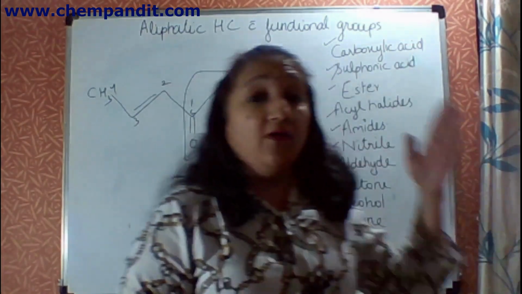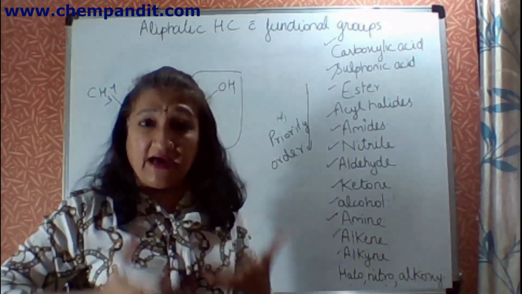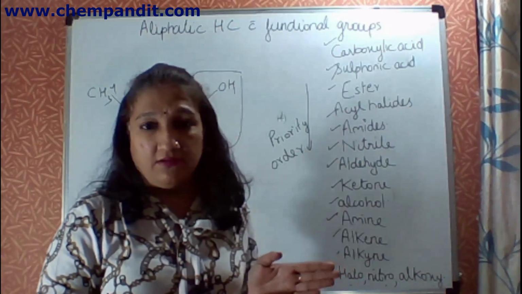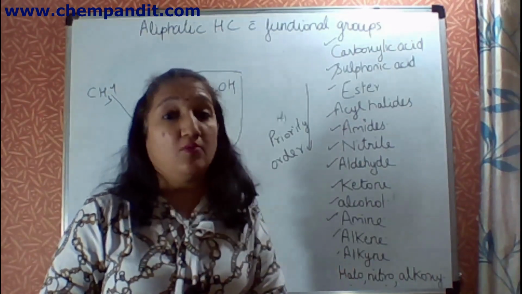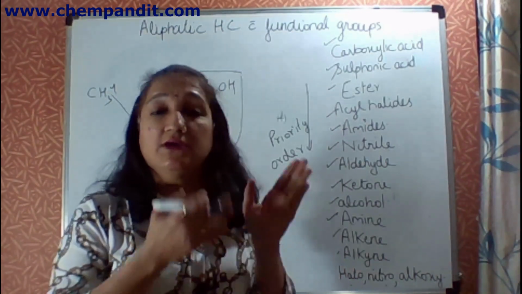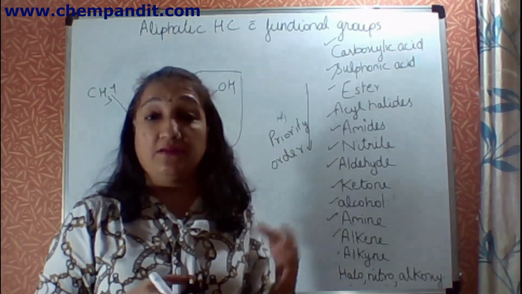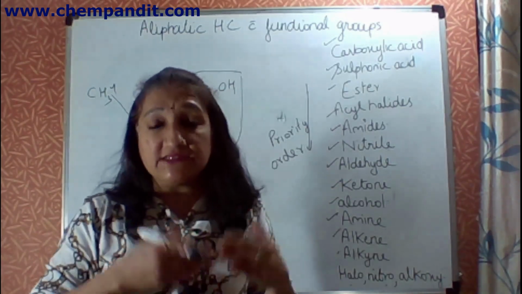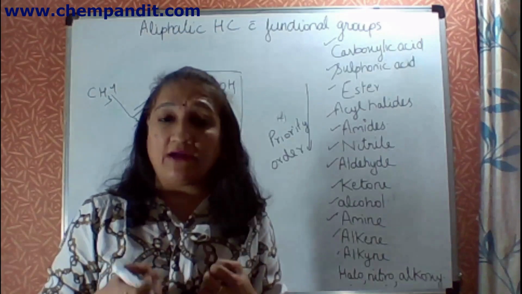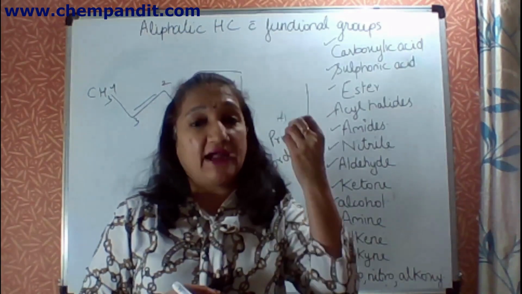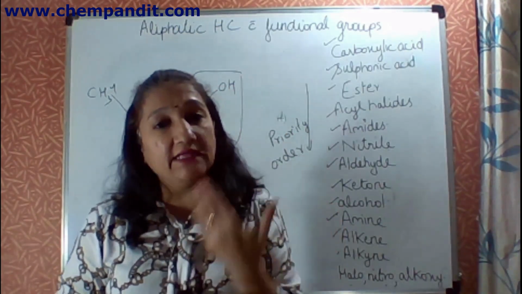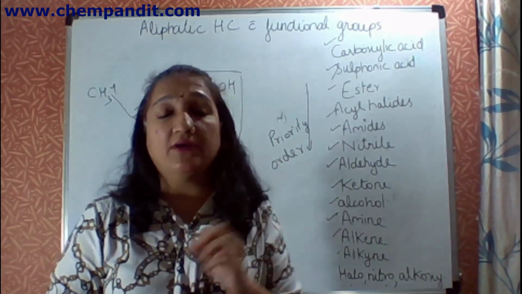Clear? Now the point is, do you need to learn this order by heart? No, the answer is no. Why? Because as you practice, you will get a hang of it and you will easily remember the priority order.